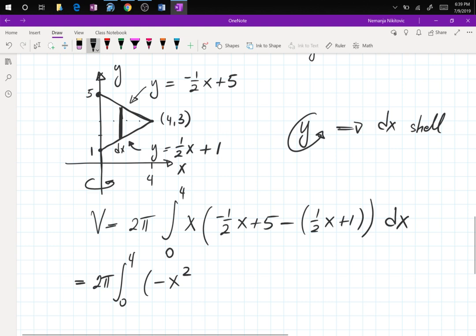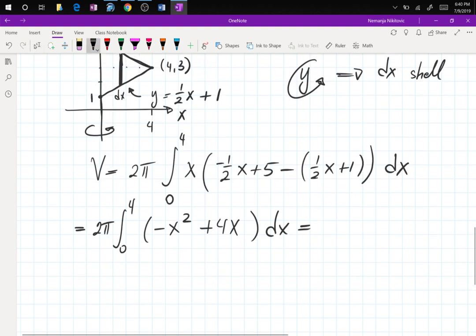So a half minus a half is minus 1. So minus 1x, which is minus x times x in front is minus x squared. 5 minus 1 is 4, so plus 4x, because you are still distributing this x. And then you have dx.